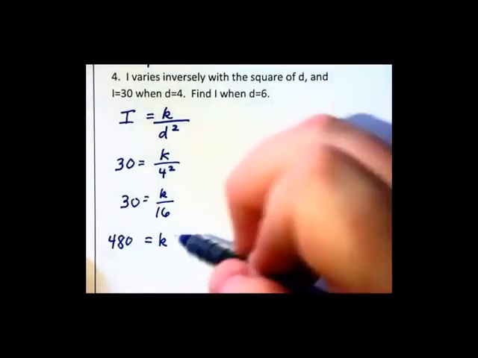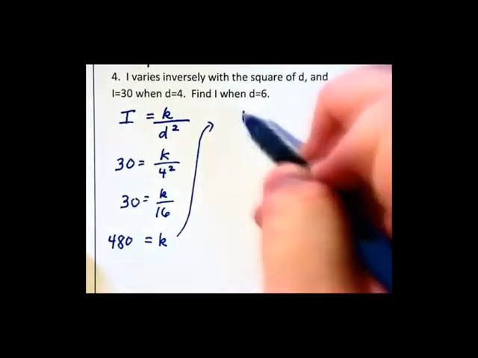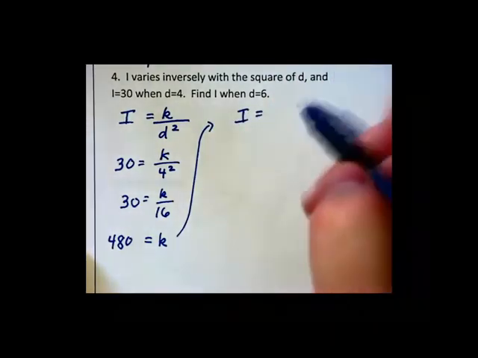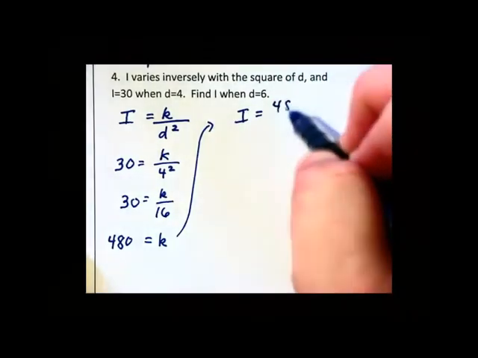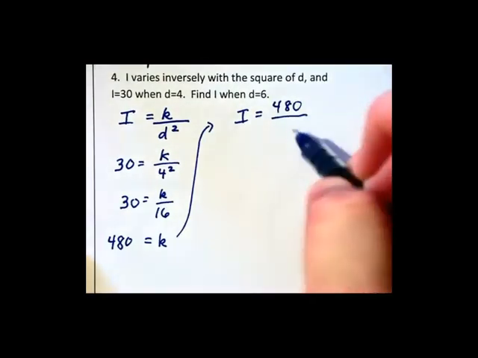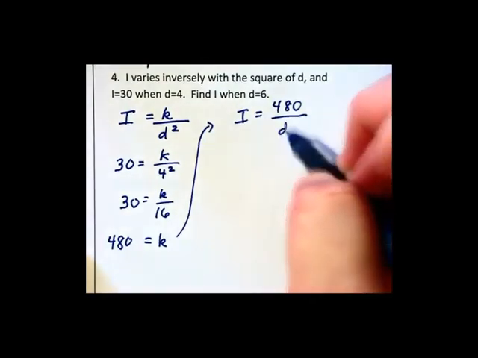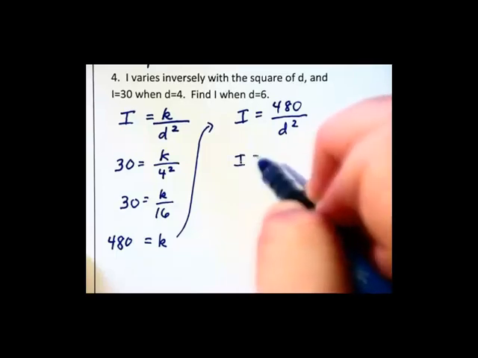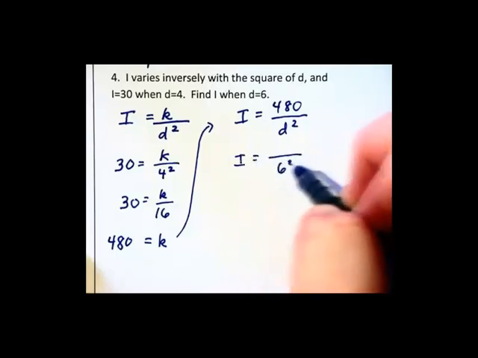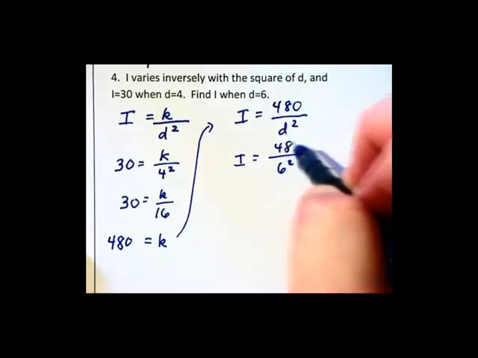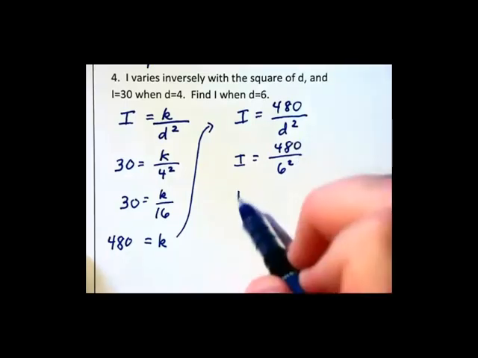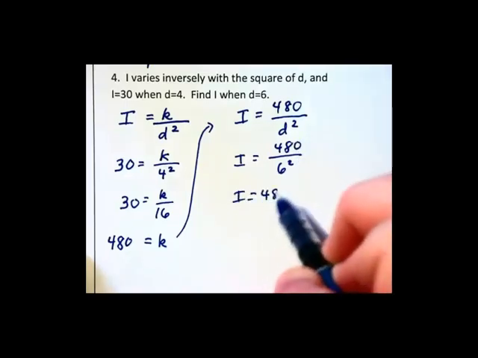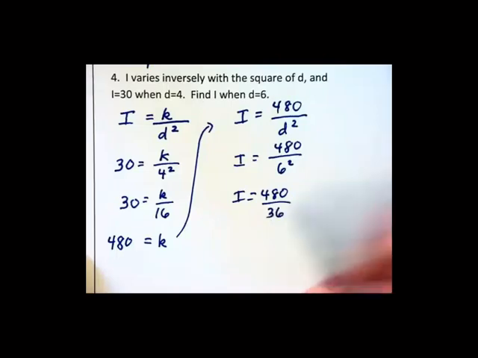480. Rewriting this, general formula, we've got I equals 480 over d squared. Substituting in d is 6, we now have 6 squared. 480 over 6 squared. That becomes 480 over 36.